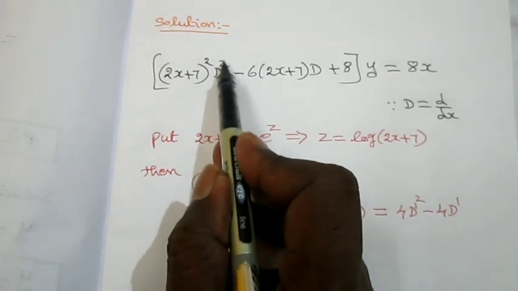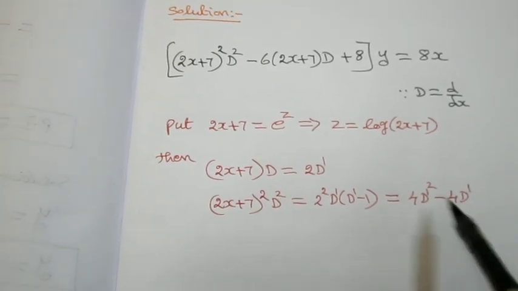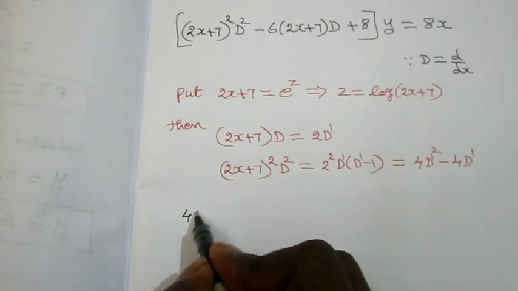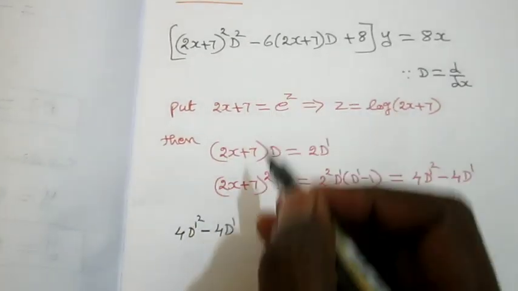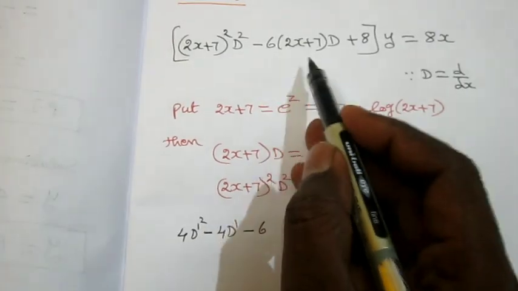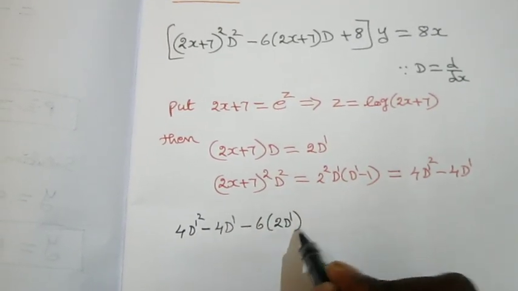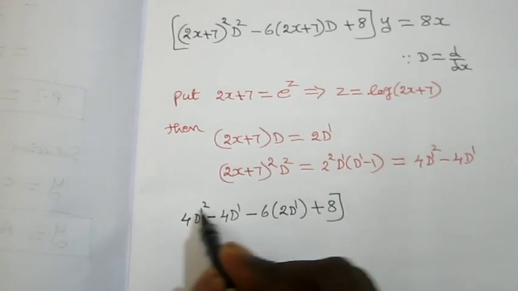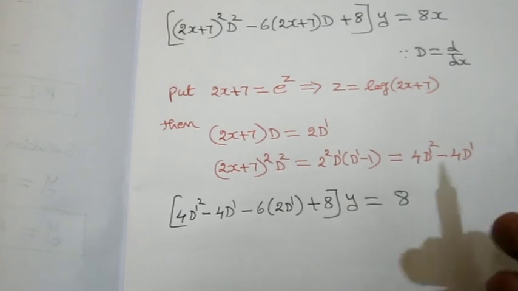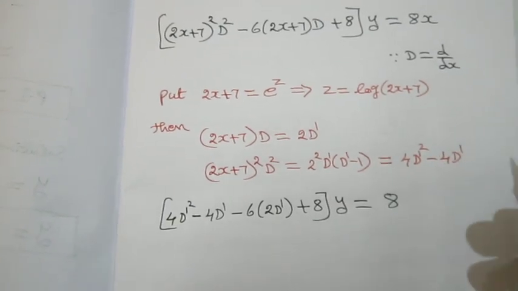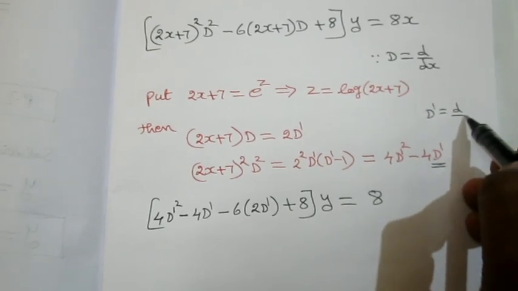So substitute here: 4D dash square minus 4D dash, minus 6 into (2x plus 7) into D is 2D dash, plus 8 into y equal to 8x. But I want to convert it in terms of z, because this D dash is d by dz.